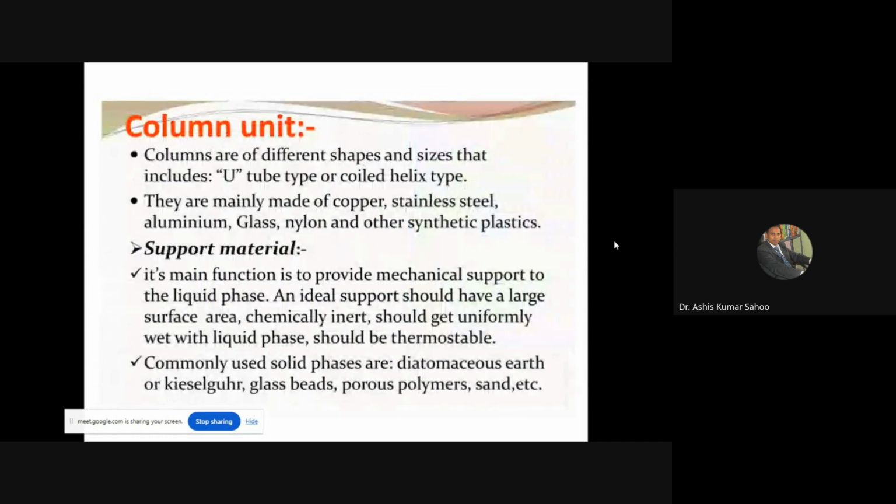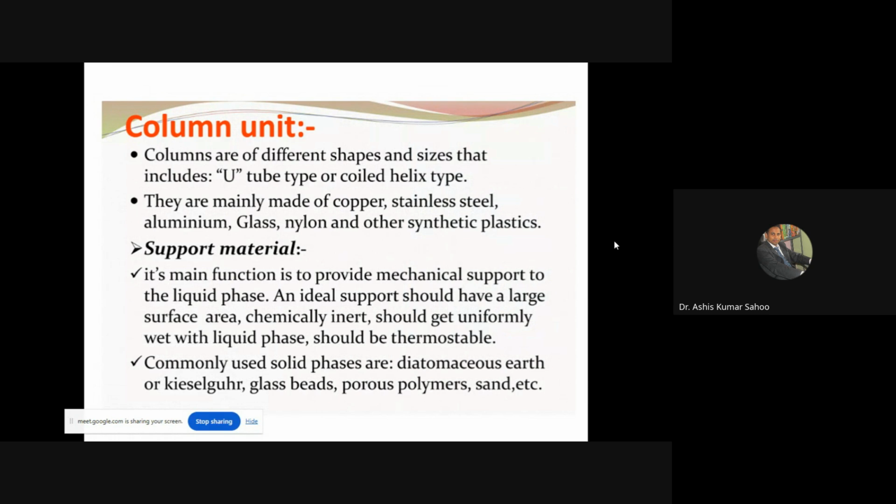Now come to the column unit. Columns come in different sizes and types, including tube type and coiled helix type. Materials include aluminum, glass, nylon and other synthetics. The main function is to provide mechanical support.